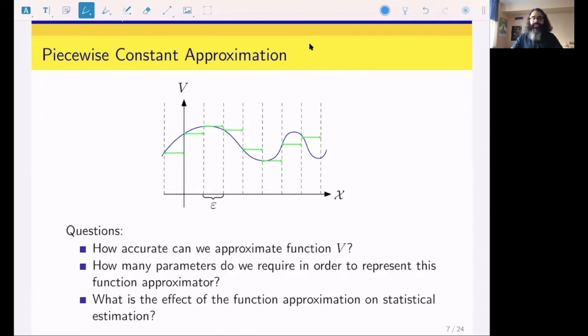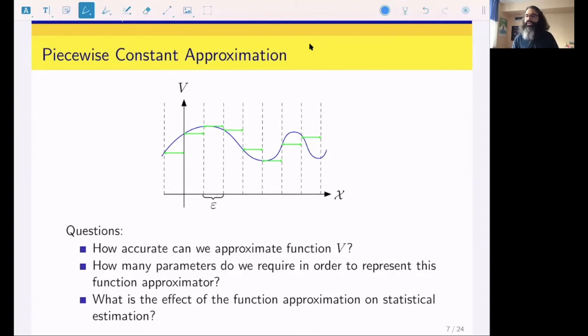And the other is, what is the effect of this function approximation on the statistical estimation or on the learning part? Like if we have a function that can represent any other function very accurately, does it make learning easier or more difficult?